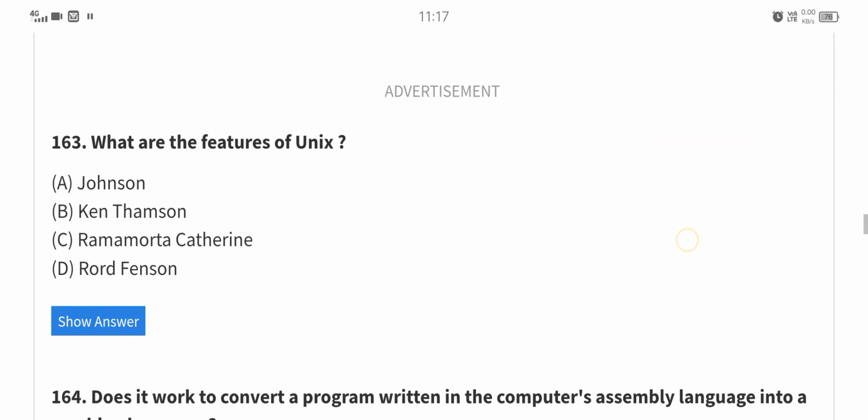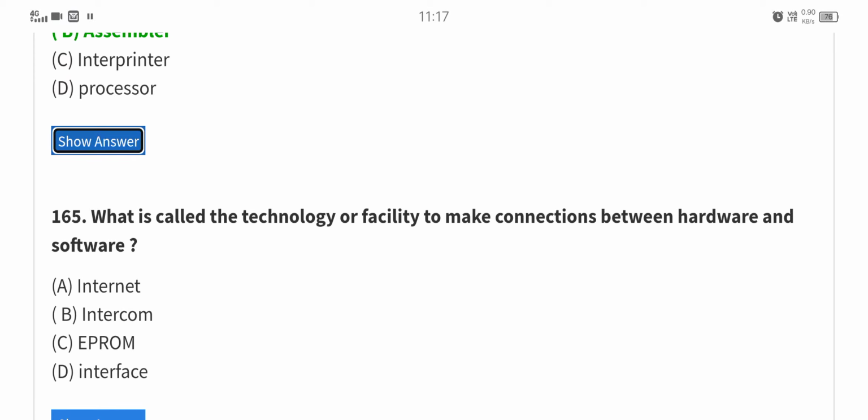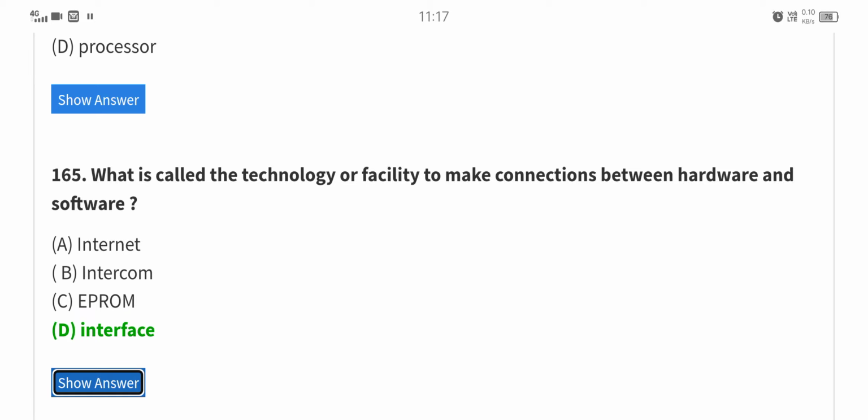Who developed Unix? Ken Thompson. What converts a program written in assembly language into machine language? Assembler. What is the facility to make a connection between hardware and software called? Interface.